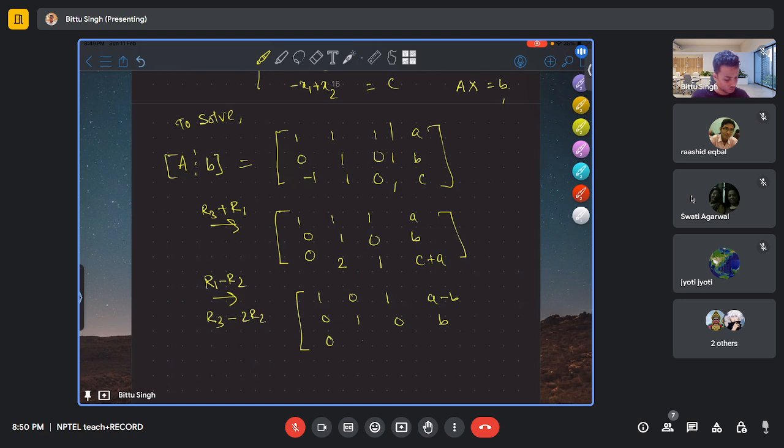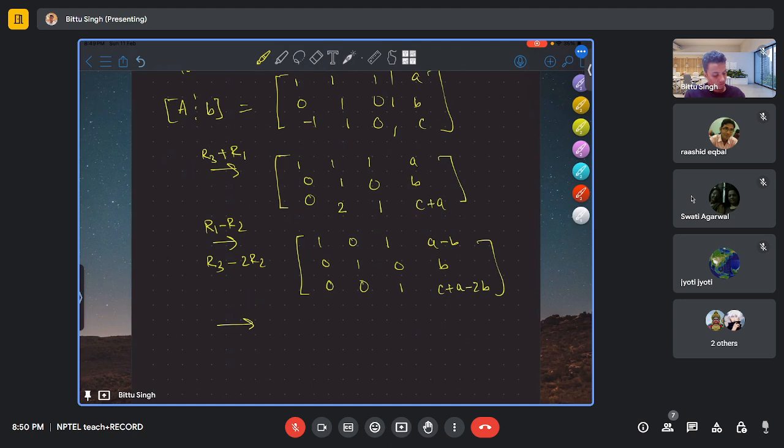Here 2 will get cancelled, and it is 1, with c plus a minus 2b. Then R1 minus R3 will give 1 0 0, and here a minus b minus (c plus a minus 2b).